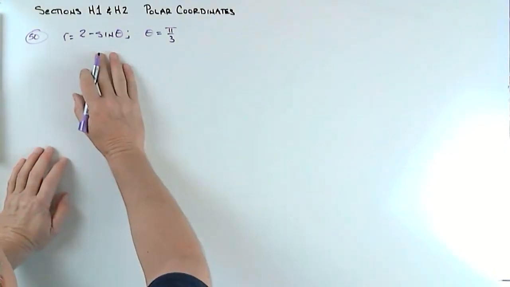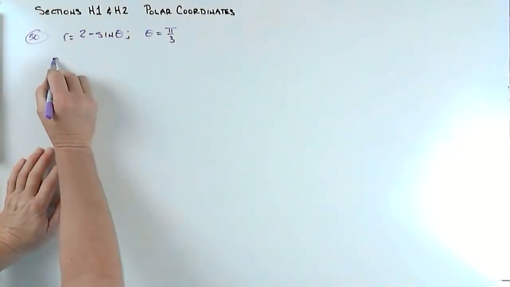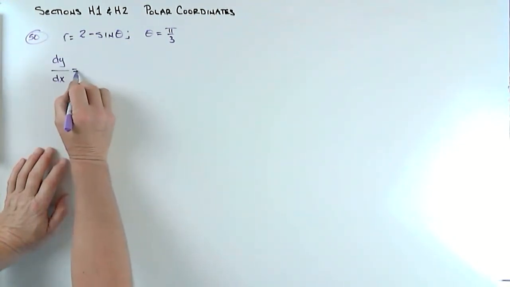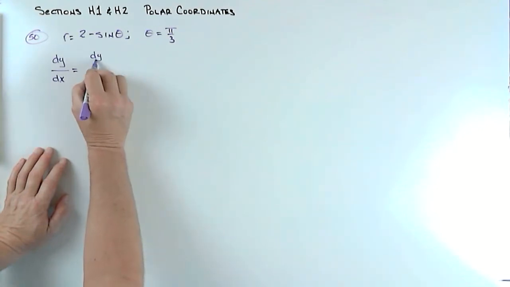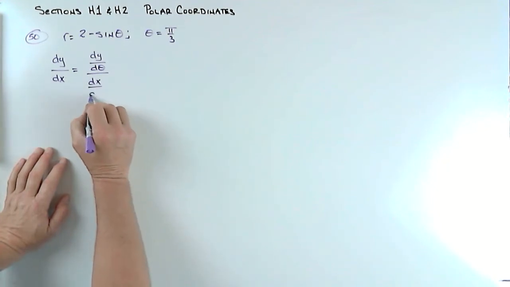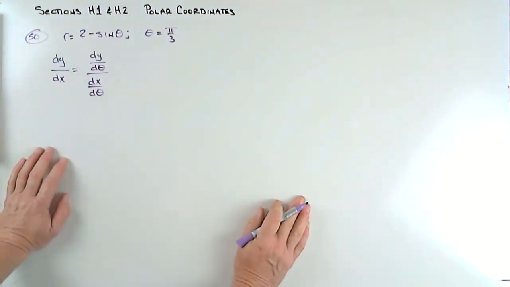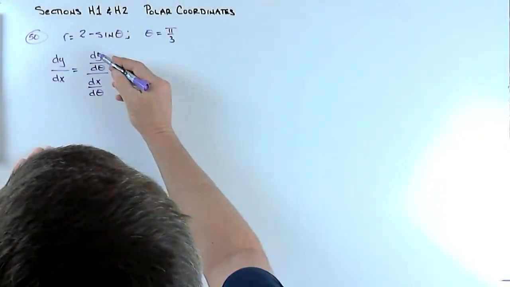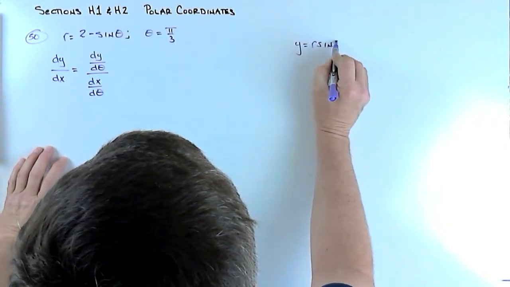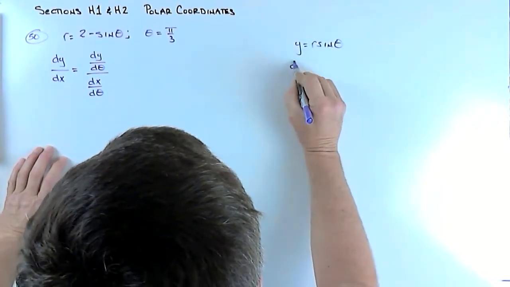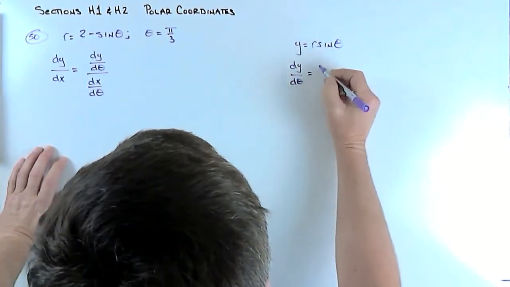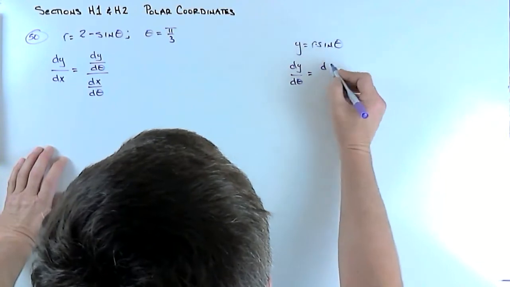Now, how are we going to find the slope? Well, we have to take the derivative, and the derivative, remember, dy dx, is going to be dy d theta divided by dx d theta. That's just an adaptation of the chain rule. Now, if you don't remember what dy d theta is, you know y equals r sine theta, so you can just figure it out. You're going to use the product rule, and you're going to get the derivative of r with respect to theta, right? Because this is r times sine theta.